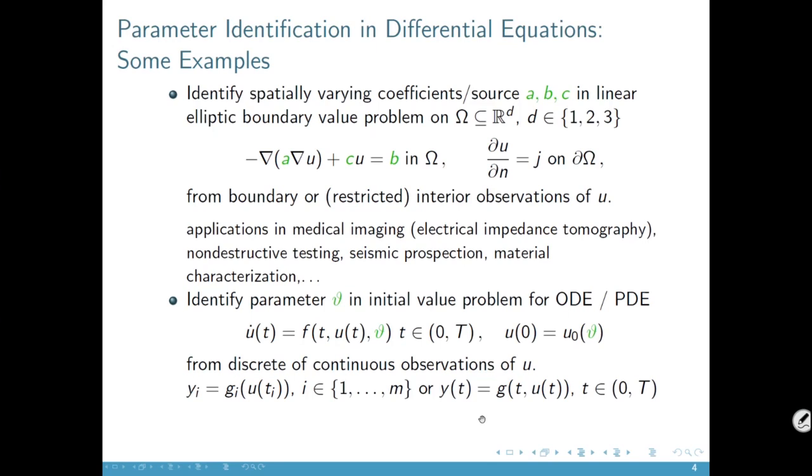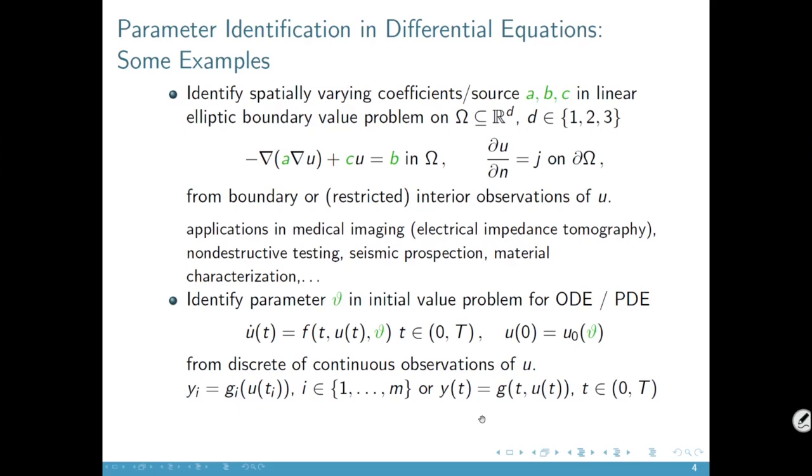So we have something like a state space system. So you have an evolutionary problem given by this abstract ODE, which can be a PDE if the object u of t is in a function space itself, equipped with initial data and depending on a parameter theta. And by the way, also the initial data might depend on that parameter, or the parameter itself might be the initial data.